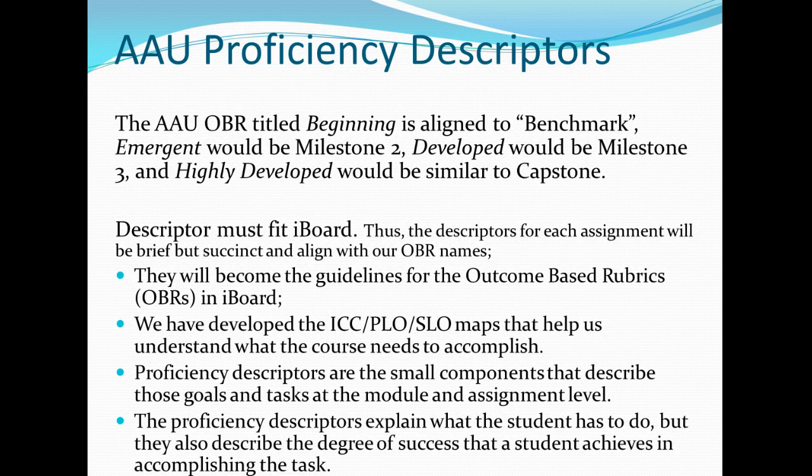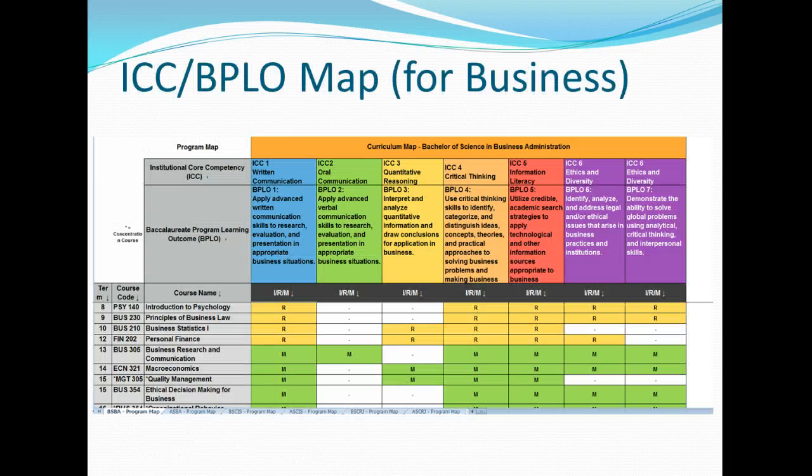And so for those, we may be doing some mapping. The proficiency descriptors are the small components that describe the goals and tasks at the module and assignment level. And they explain what the student has to do and the degree of success that the student achieves in accomplishing that task.